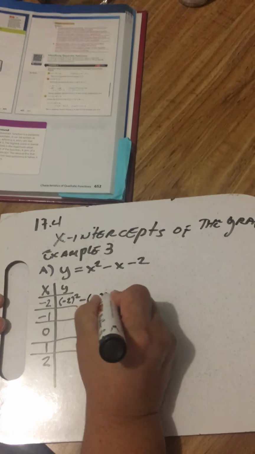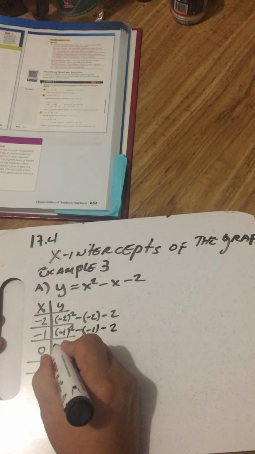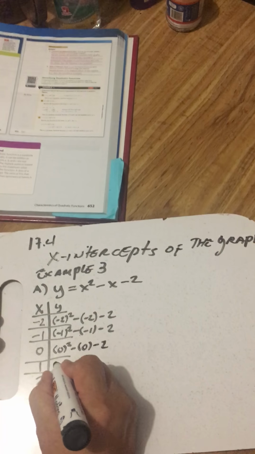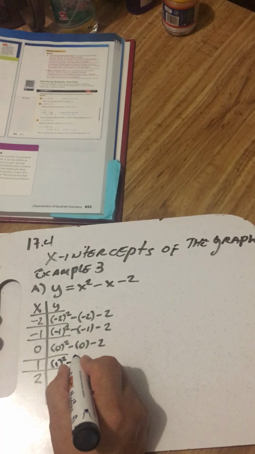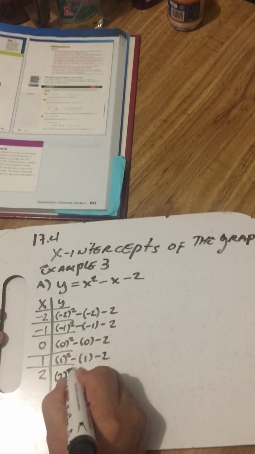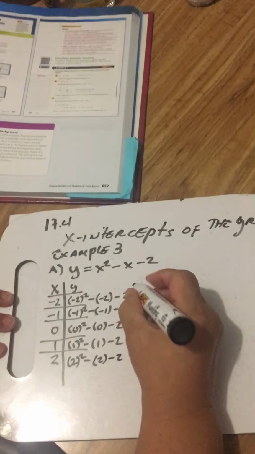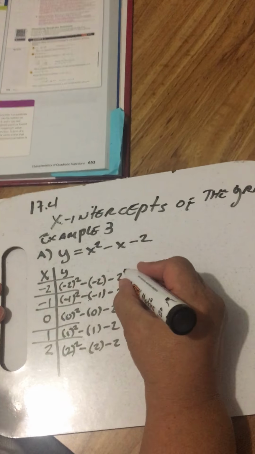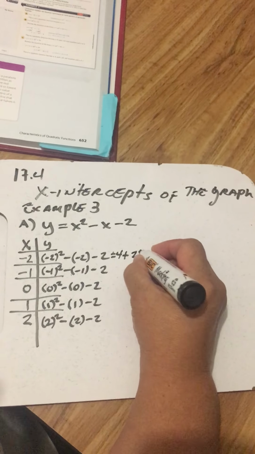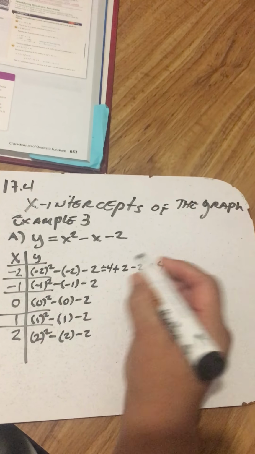Here is minus 1 squared minus minus 1 minus 2. Here is 0 squared minus 0 minus 2. Here is 1 squared minus 1 minus 2, and 2 squared minus 2 minus 2. Here we check, and it's going to be 4 plus 2 minus 2, then it's going to be 4.